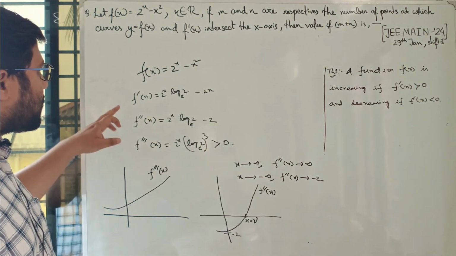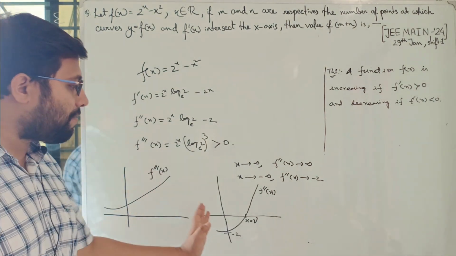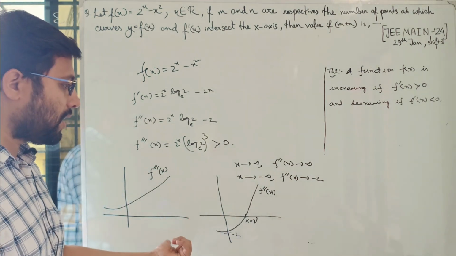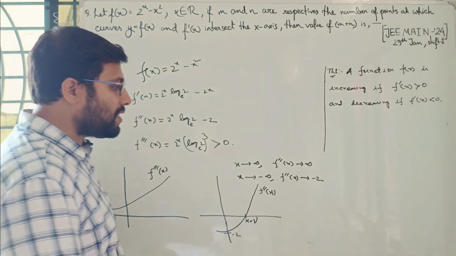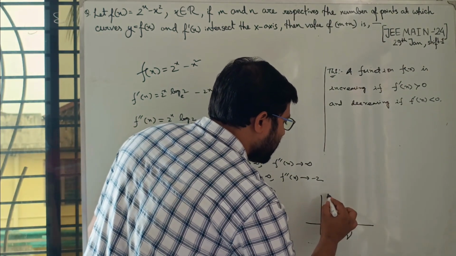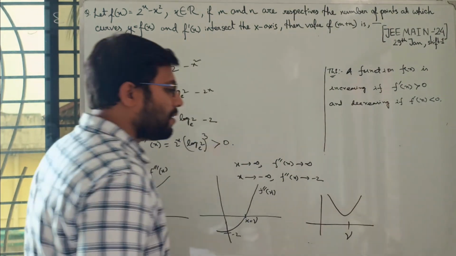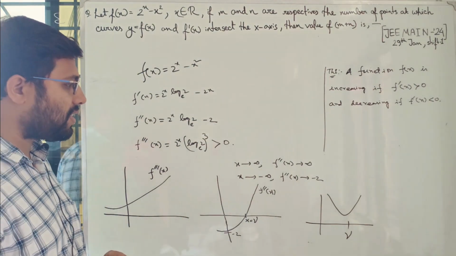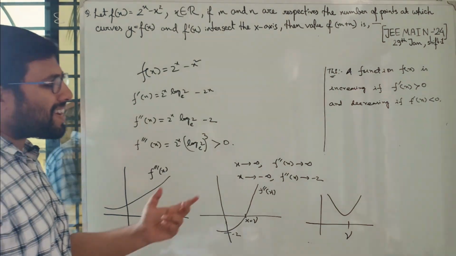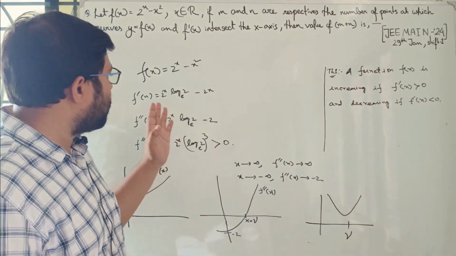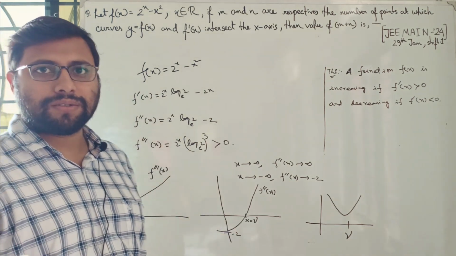So f'(x) will be increasing just after gamma, and f'(x) will be decreasing before gamma. So this graph may look like this. This is the point gamma. We still don't have enough clue to say whether it will cut the x-axis or not. Now we will see the rest of the things.